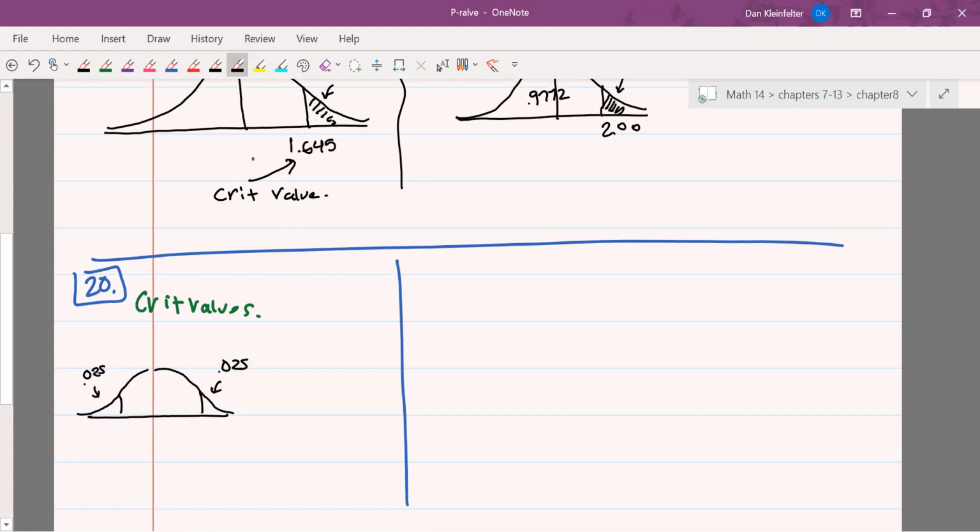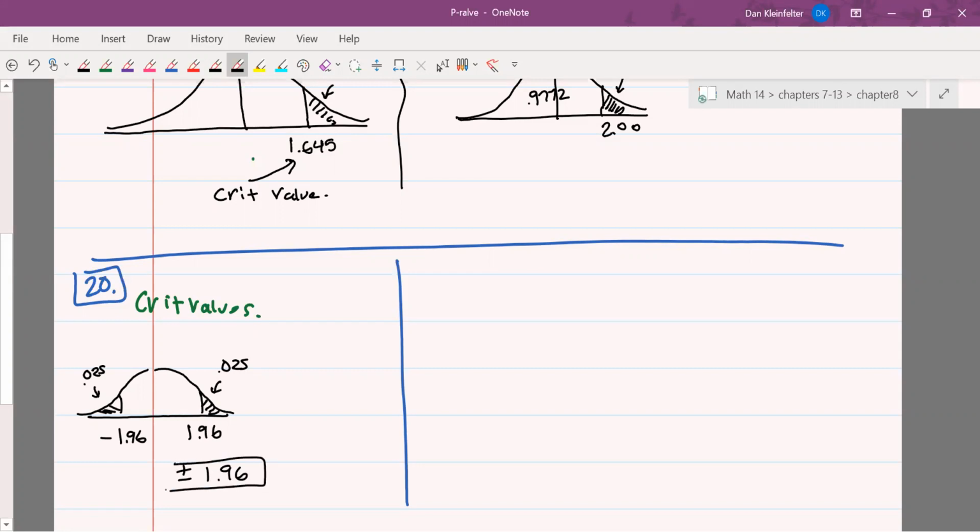Okay, so if it's 0.025 in each tail, that means the area to the left of the rightmost cutoff is 0.975. And looking in our table for that is going to be 1.96 and also negative 1.96. So our critical values are going to be plus or minus 1.96.